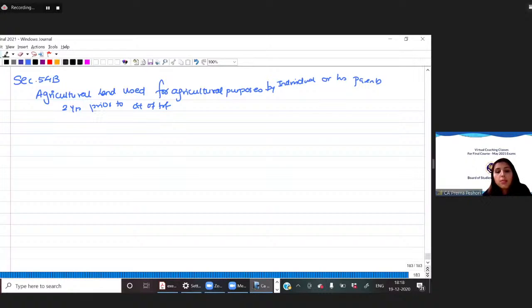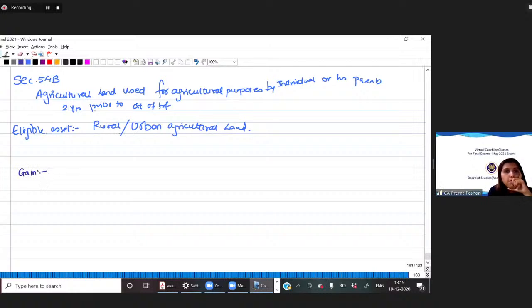So what is the eligible asset to be purchased? Rural or urban agricultural land. What would be the gain, long term or short term?